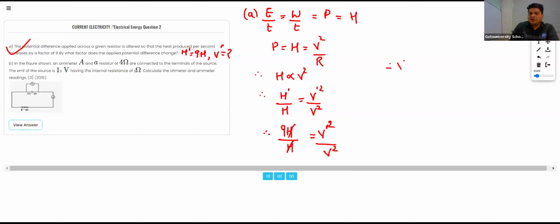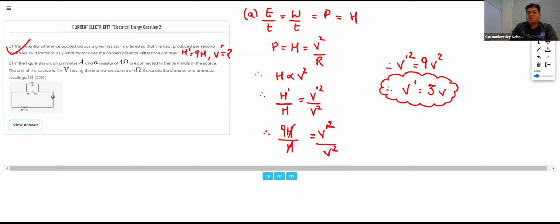Therefore V dash square will be equal to 9V square. That means V dash will be the root of 9V square, which is 3V. So if heat is increasing by a factor of 9, the potential difference will increase by a factor of 3.